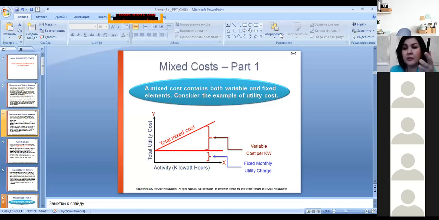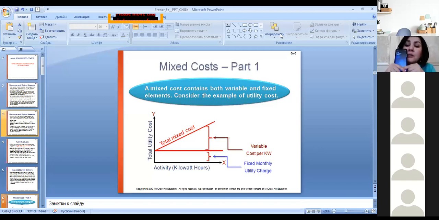What do we have to pay for a mobile phone? If you buy, for example, a plan for your phone, a plan which gives a certain amount of SMS, a certain amount of minutes to talk, and gives, for example, an internet package.